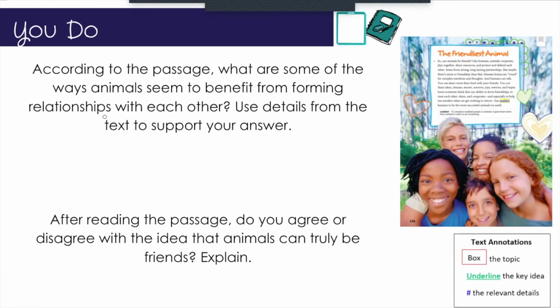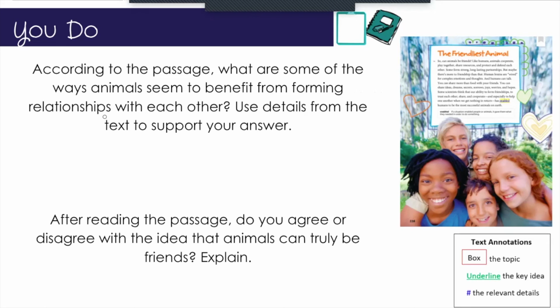All right, boys and girls, you've made it to the final paragraph of our reading for today. After you read and do your strategies with the friendliest animal, in your work zone, I want you to answer the 2 questions. The first one, according to the passage, what are some of the ways animals seem to benefit from forming relationships with each other?